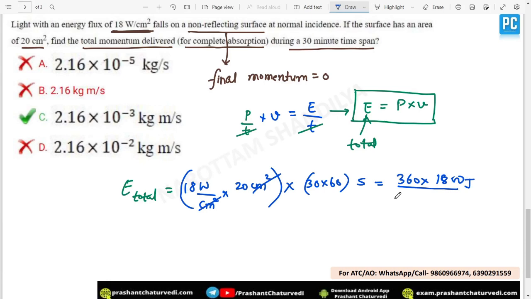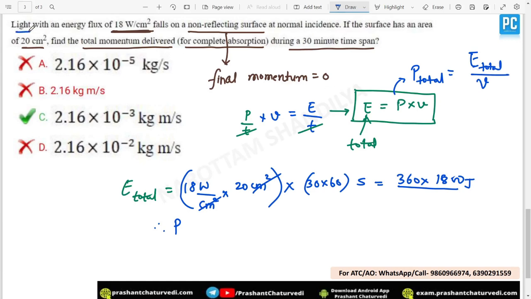Now the next important thing: you have to calculate the total momentum delivered. So total momentum P total will be equal to E total divided by the velocity of that particle.